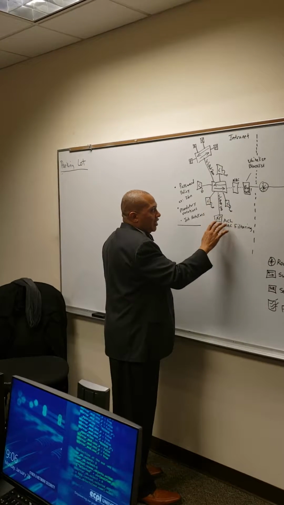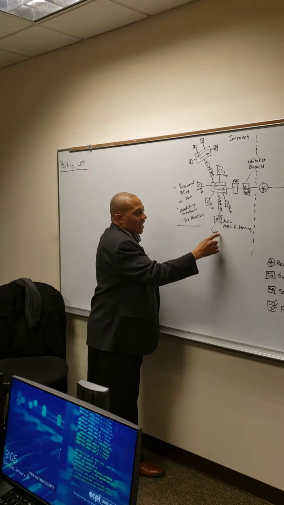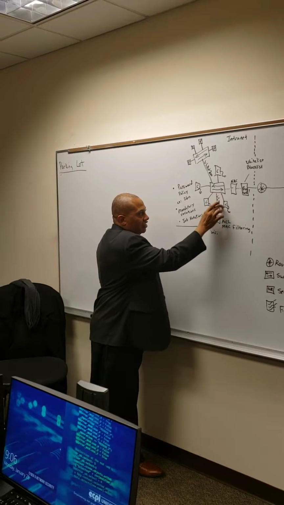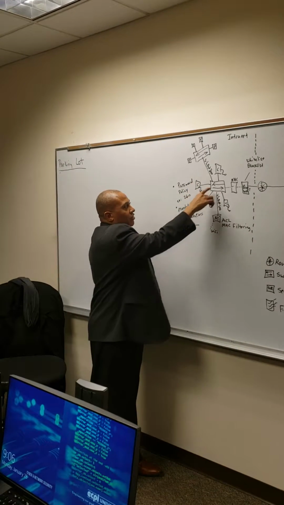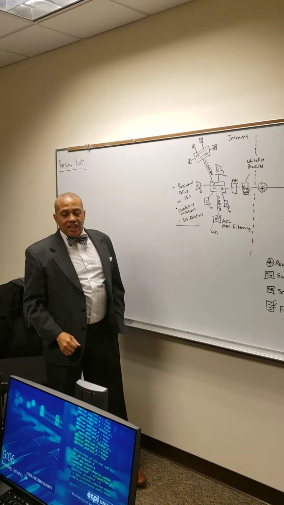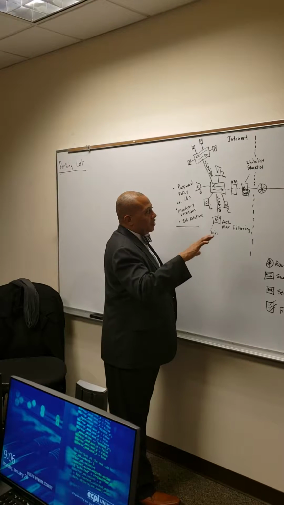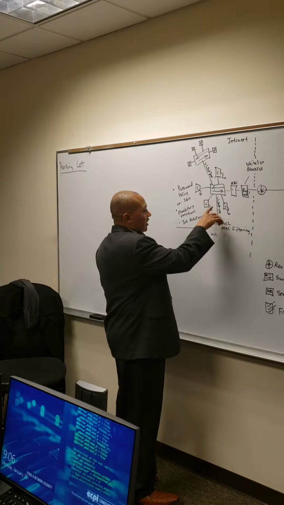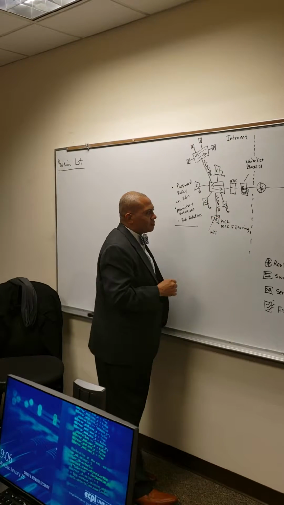So only wireless will be using this VLAN. If this VLAN gets attacked by a hacker, it's contained to this area, to this VLAN. It doesn't affect VLAN 200, and it doesn't affect my users here. Okay? So that's the purpose of VLAN. VLANs segment our network so that, like I said, it isolates it and contains it into one area.